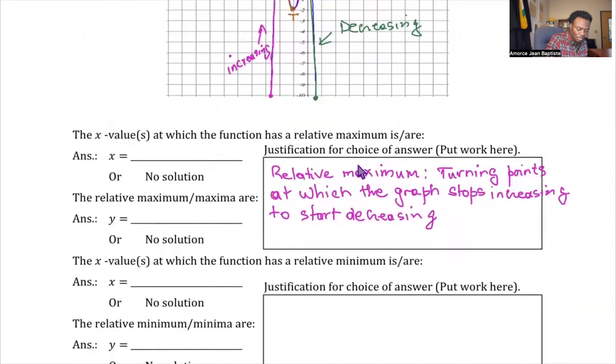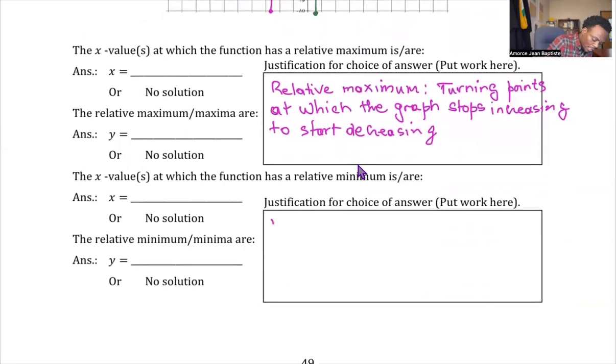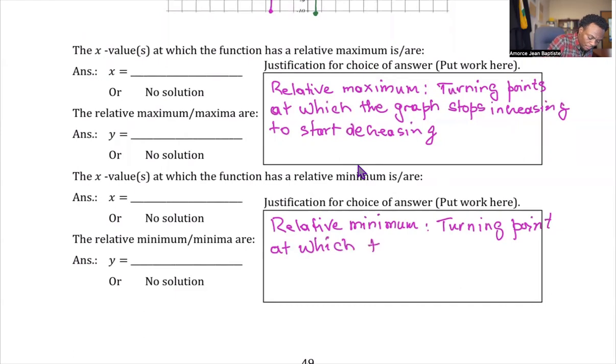Now let's see what is a minimum. A relative minimum would be a turning point at which the graph stops decreasing to start increasing.